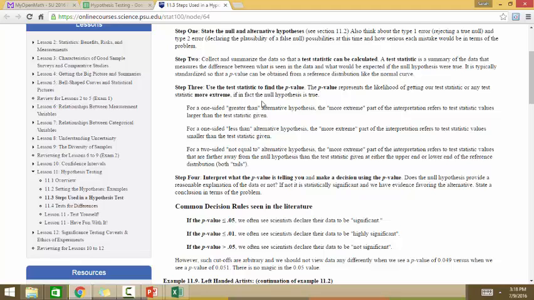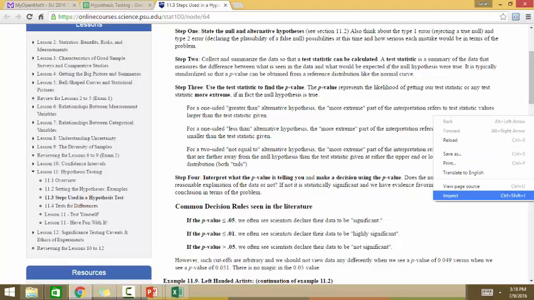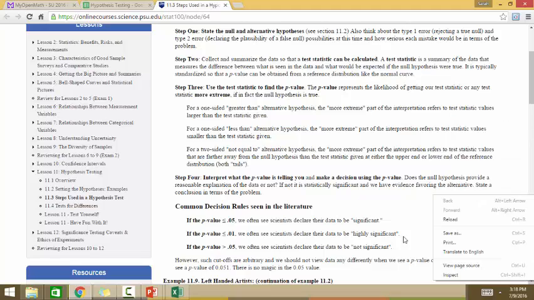And the way I have set it up is that you don't need to know the test statistic to find the p-value. You're just going to need to know the mean and the standard deviation. Now, the easiest way to determine what to make of it is seen down here a little bit. And common decision rules.